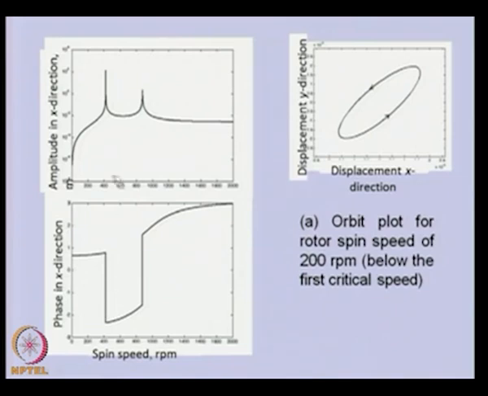So, phase is also changing wherever there is a peak. So, this is another way of identifying where the critical speeds are. This is the orbit of the shaft, that means displacement in the vertical direction and horizontal direction can be plotted like this, and in some instruments we can even see the sense of rotation of this particular orbit using a z direction.